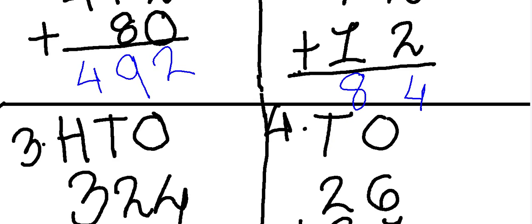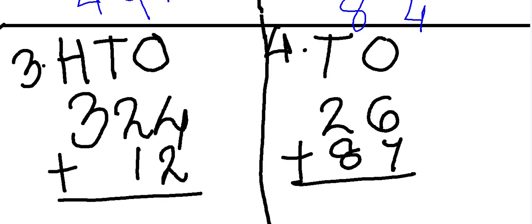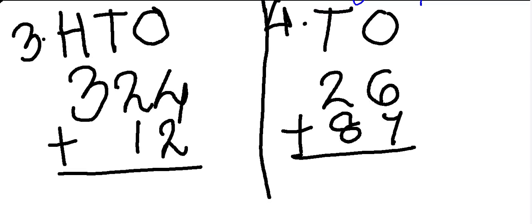Now let's move on to the third sum. And I am telling you that this is my episode 1 in which I am just including HTO. You can watch the next episode to know more, but for now we are doing sum number 3. Let's start. In the ones column we have written 4 plus 2.